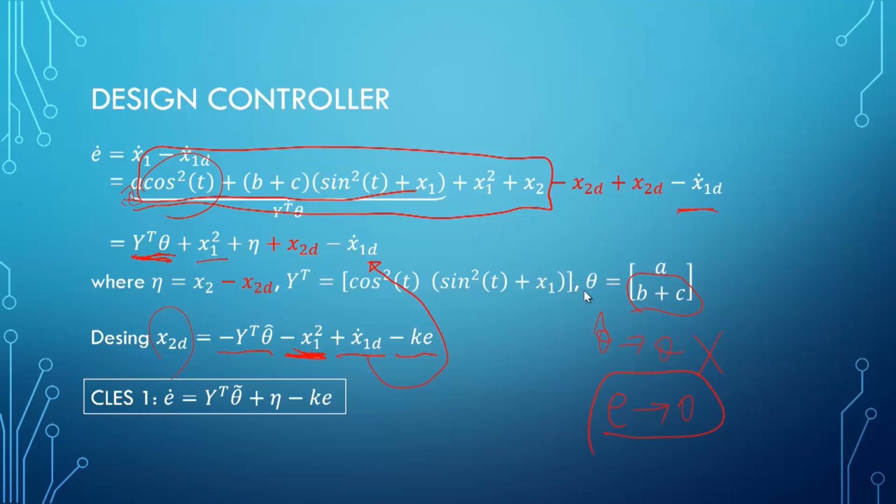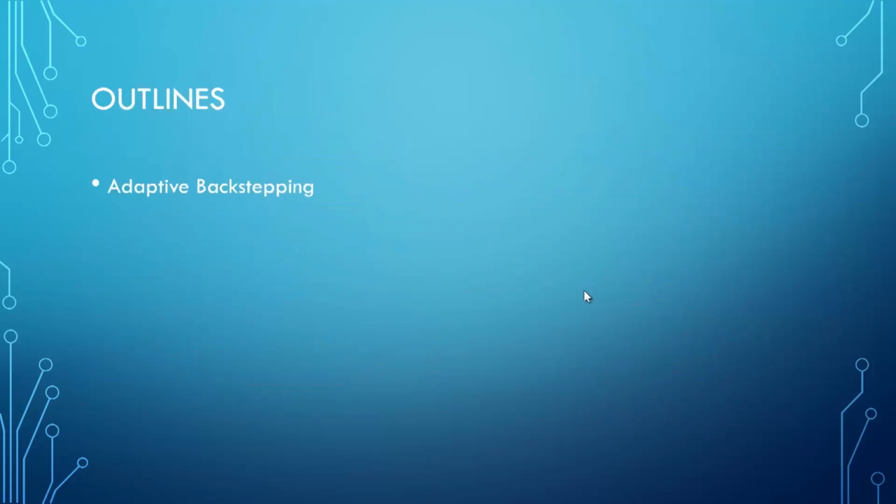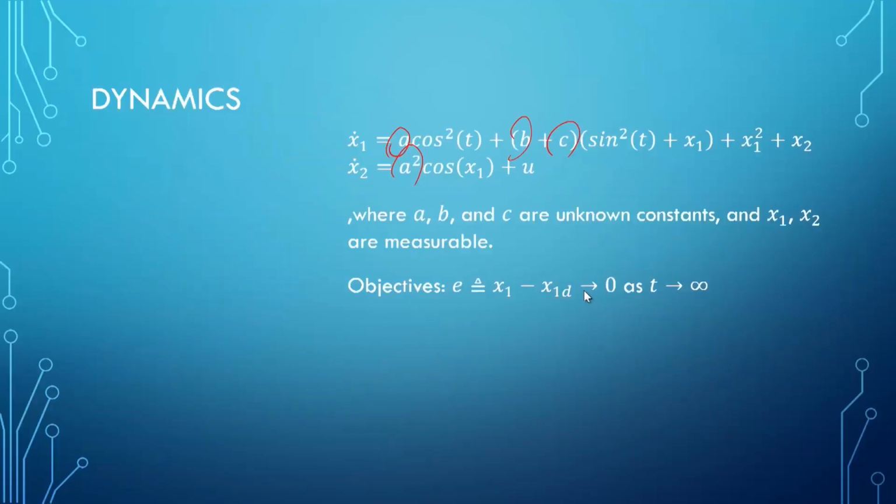Okay, for example, here x1 dot is a cosine squared t plus b plus c sine squared t plus blah blah blah, right?